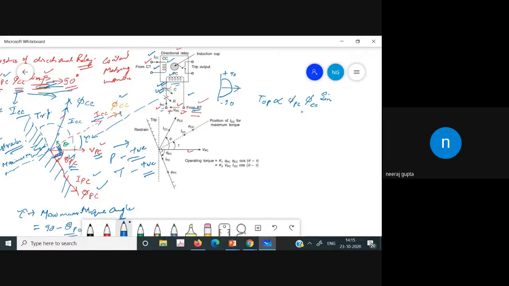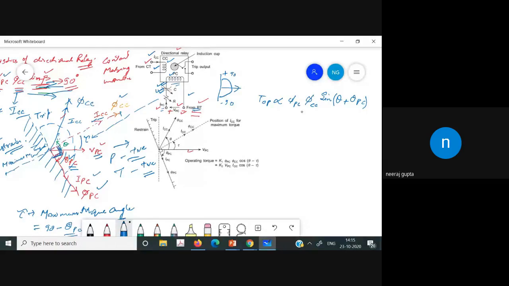We have the angle between the two as theta plus theta PC, so sine of theta plus theta PC.